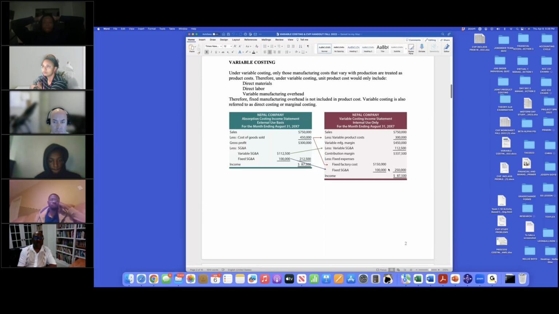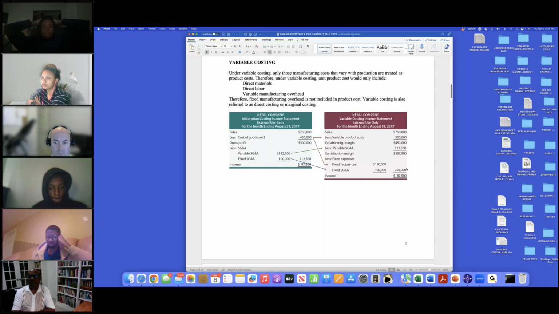This is how our income statements will look going forward: sales less the variable product costs, variable manufacturing margin, less the variable selling and administrative expenses, contribution margin, less the fixed expenses to get our income.